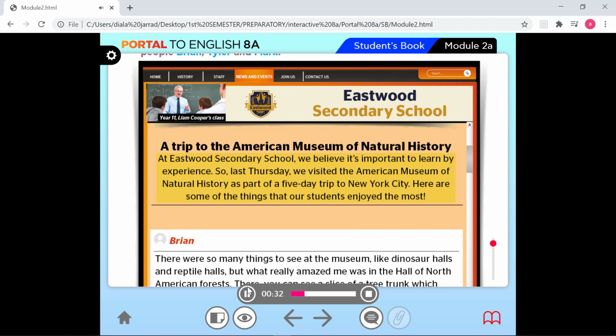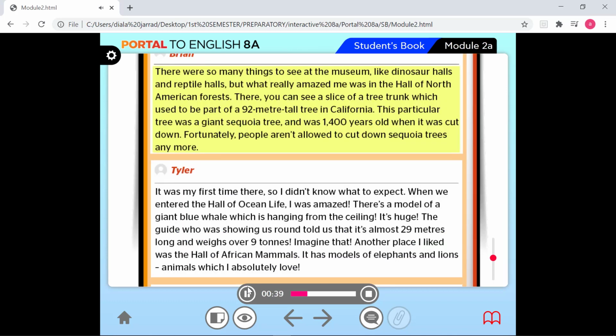Here are some of the things that our students enjoyed the most. Brian, there were so many things to see at the museum, like dinosaur halls and reptile halls, but what really amazed me was in the Hall of North American Forests. There, you can see a slice of a tree trunk which used to be a part of a 92-meter tall tree in California. This particular tree was a giant sequoia tree and was 1,400 years old when it was cut down. Fortunately, people aren't allowed to cut down sequoia trees anymore.